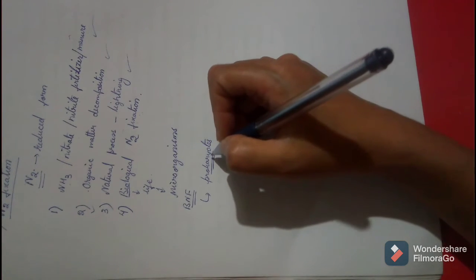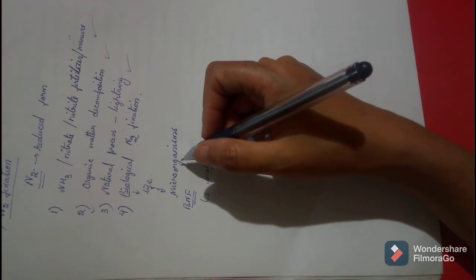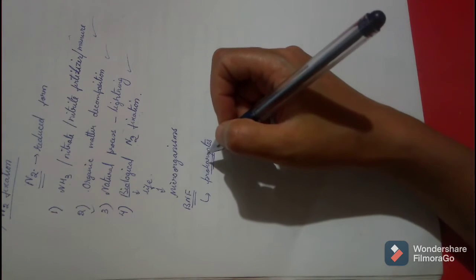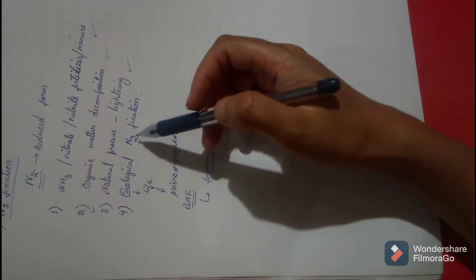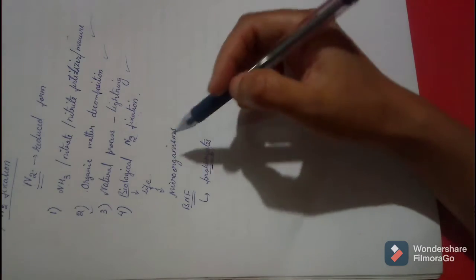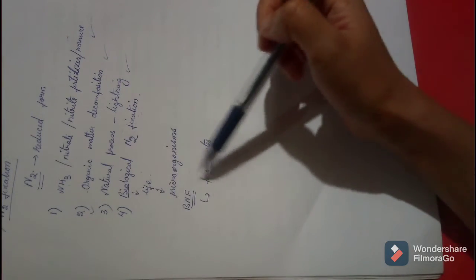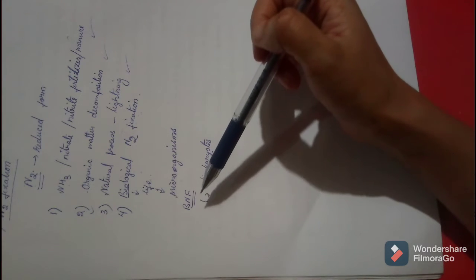And those prokaryotic organisms are the microorganisms, right? So how do these organisms carry out this biological nitrogen fixation? Before I actually start to explain the whole process, I will just give you a brief introduction.